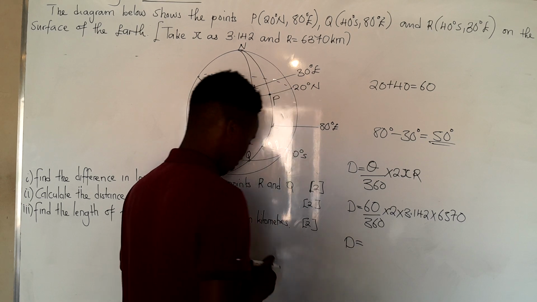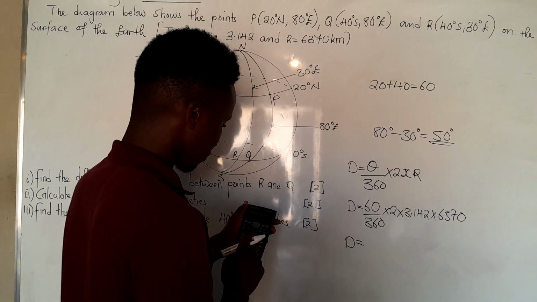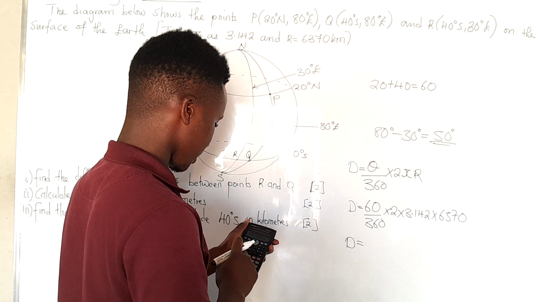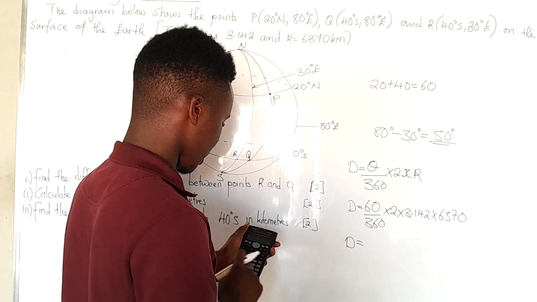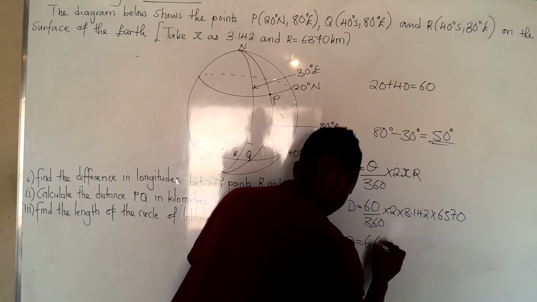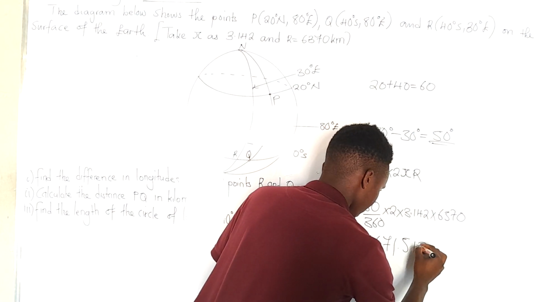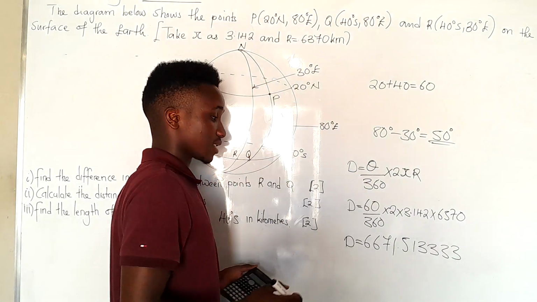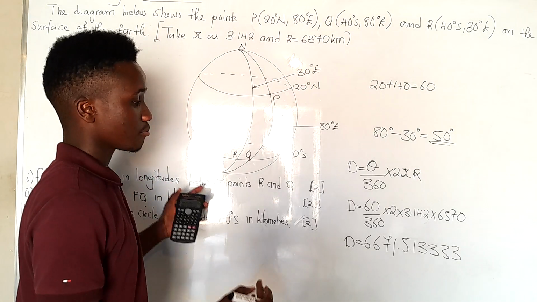So I'll say d is equal to, so I'll use my calculator and multiply 60 times 2 times 3.142 times 6370, then divided by 360. I'm getting 671.51333. So this is my distance, the distance between the points, calculate the distance PQ.